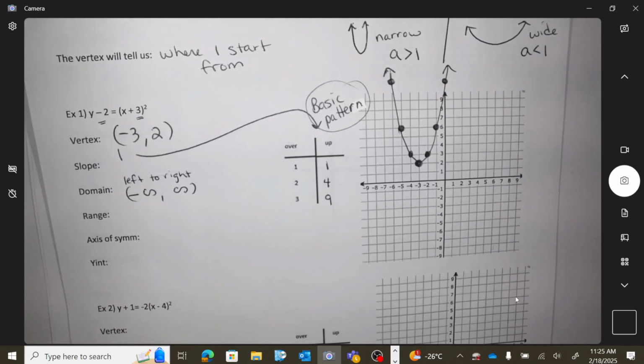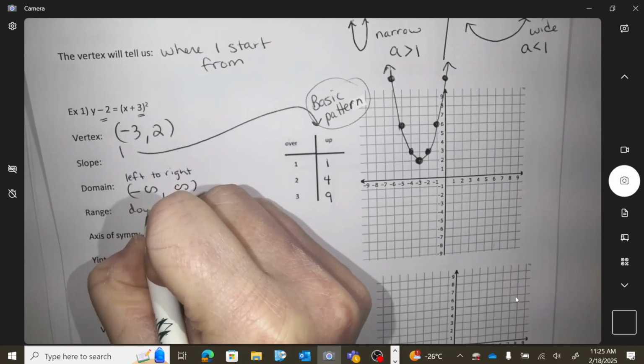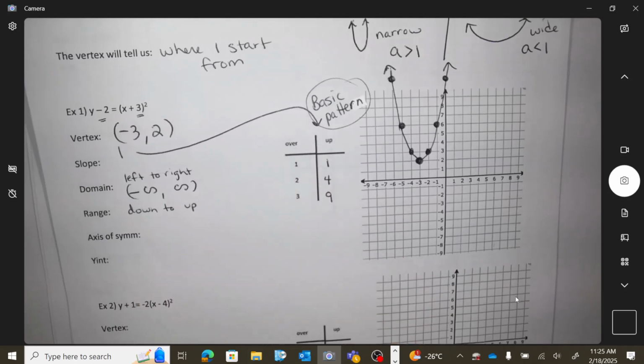If I had a word problem, it might stop that, but range. This is what you're talking about. How far down does this go at the start to how far up does it go? Always in that order. Low to high. So what is the lowest height?